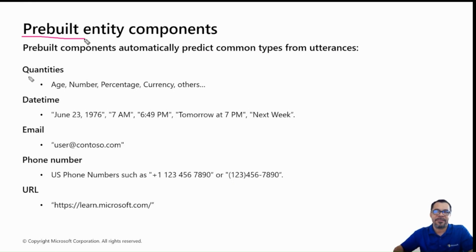And they come in various categories like quantities, like age, a numerical value, a percentage, currency, and so forth. So these are pre-built entities that you can define, or a timestamp or a date and time, an email, a phone number, a URL, and there are a few more that you'll see as we go through our lab demonstration here shortly.